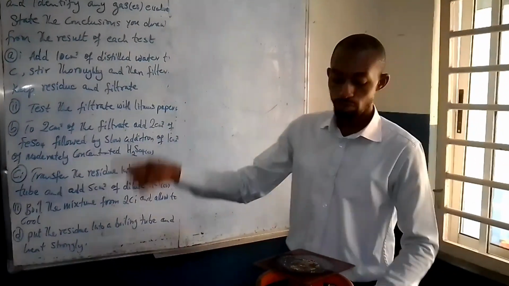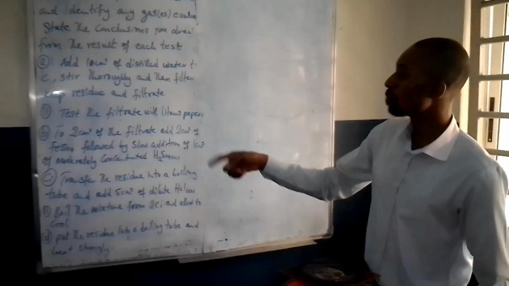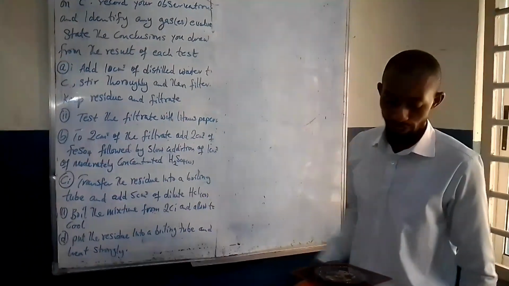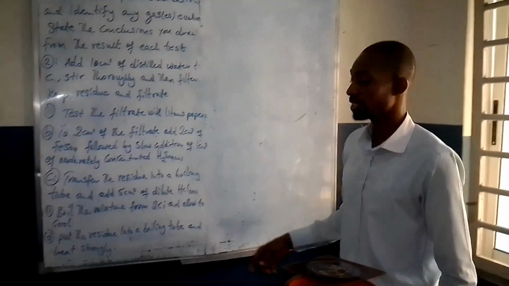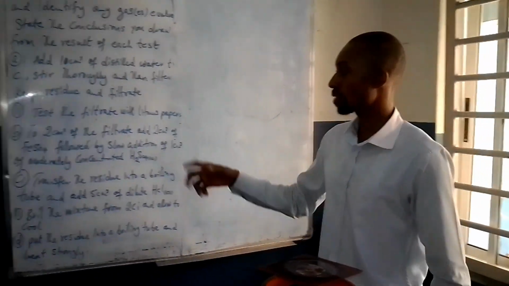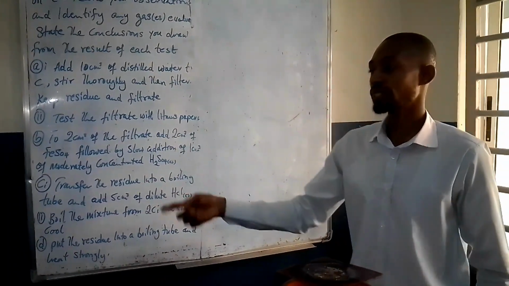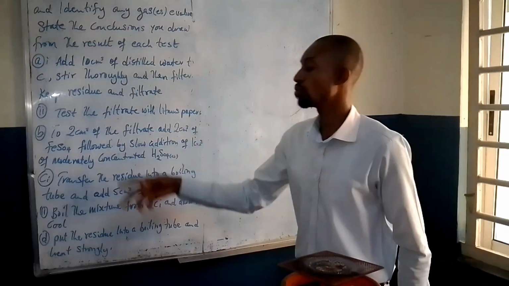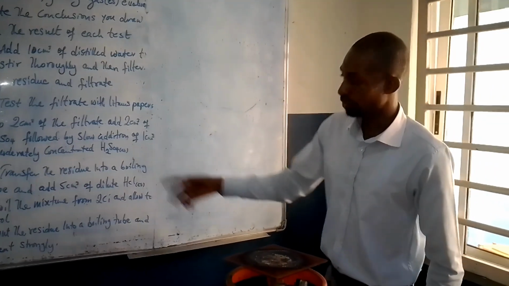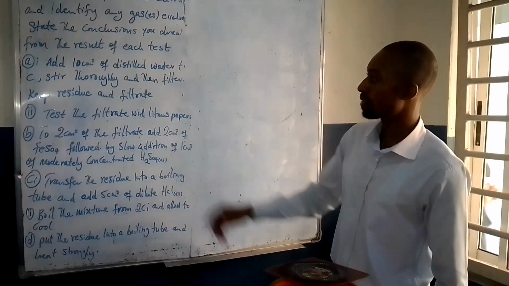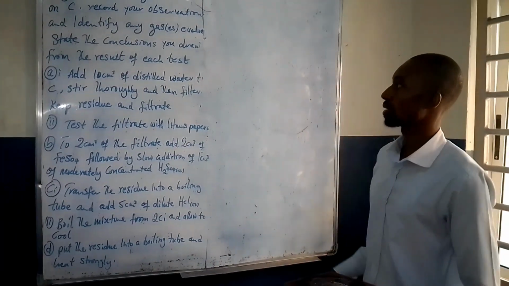It will give you about 2 mole per dm³ of hydrochloric acid, and that can serve as a reagent. For sodium hydroxide, you can measure out 40 grams and dilute it into 500 cm³ to get about 2 mole of sodium hydroxide. By so doing, you have the reagents, and then we can start.